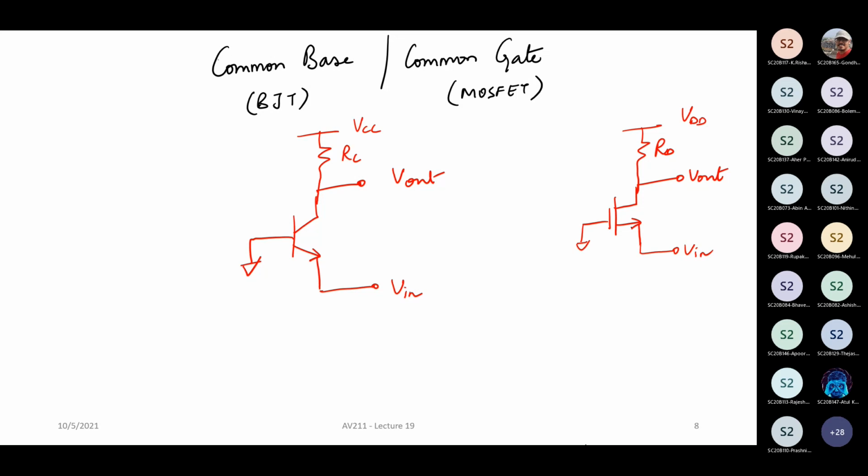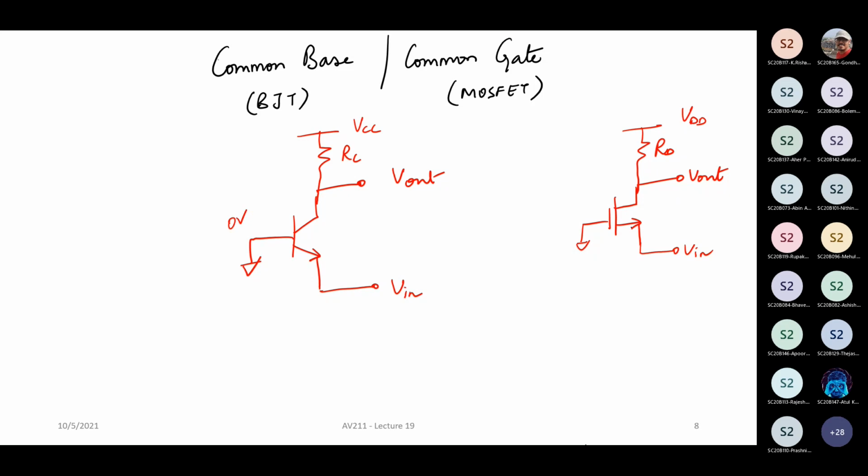Okay. Now, if you look at this circuit, it is very difficult to make it work. We should make it practically realizable. Now, how do we make it real? Because if you look at it, this has some plus VCC, this is at 0 volt, and we don't know where Vin is.